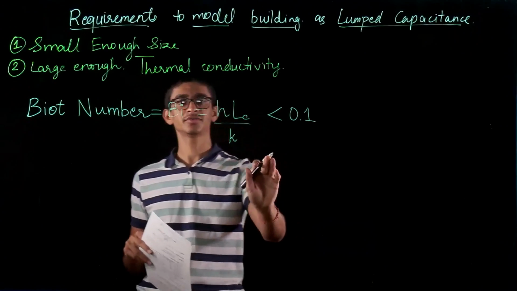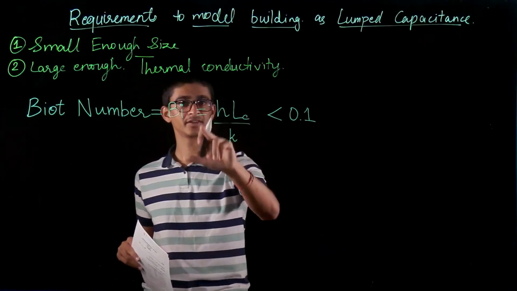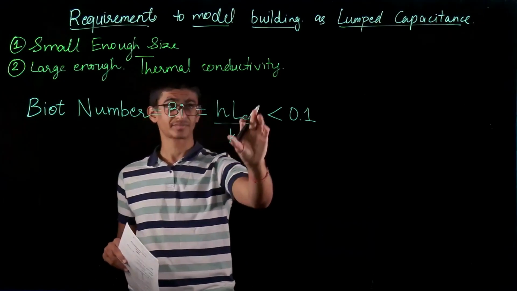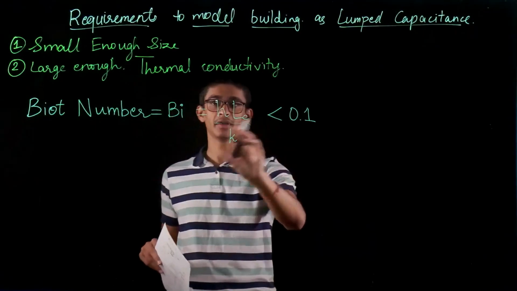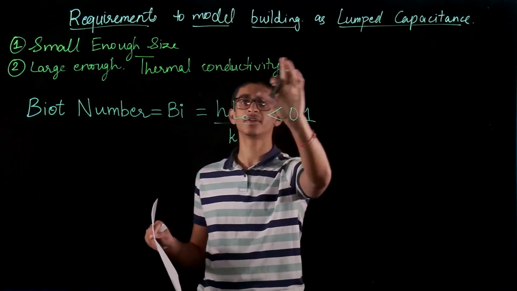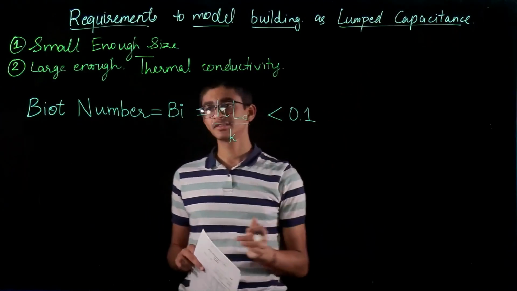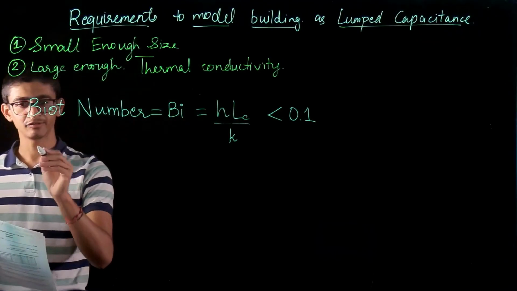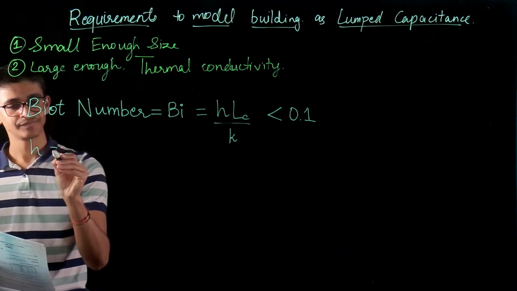If I want to use the building with these characteristics, h, Lc and k are the three numbers which we determine. And if the Biot number comes out to be less than 0.1, then I can use the structure or the mass being modeled as lump capacitance. So what are h, Lc and k?